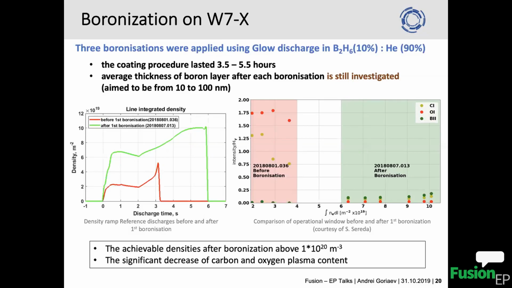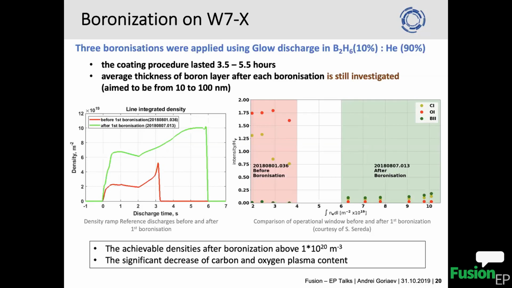Before boronization, it was not higher than 5 times 10 to the 19 in the case of hydrogen plasma. After the first boronization, we could reach something like 10 to the 20, which opens some space to investigate new effects on the W7-X stellarator.